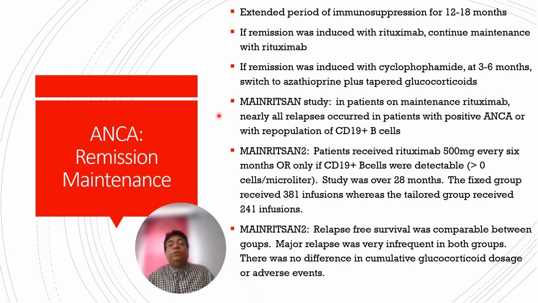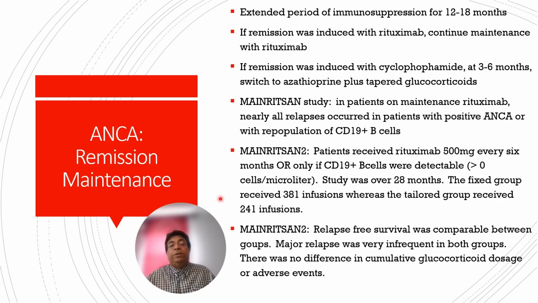So in the MAINRITSAN 2 study, patients received rituximab 500 milligrams every 6 months, so maintenance, or only if CD19 positive B cells were detectable, and the study was over 28 months. The fixed group received 381 infusions, whereas the tailored group received 241 infusions.